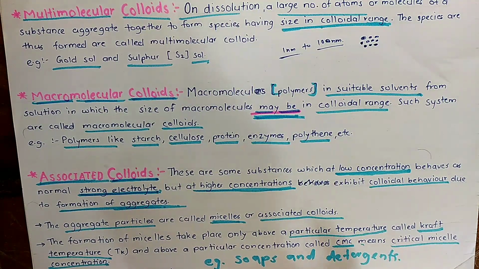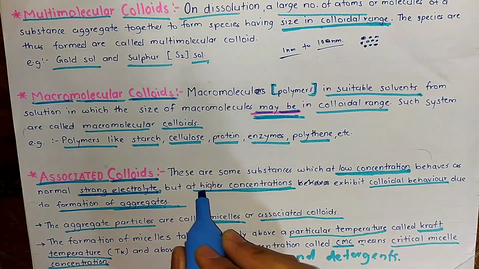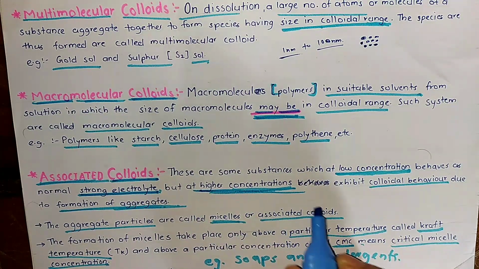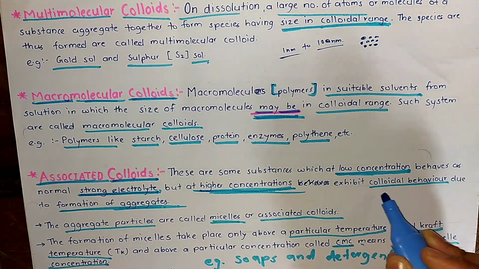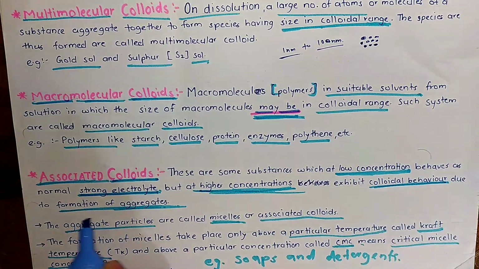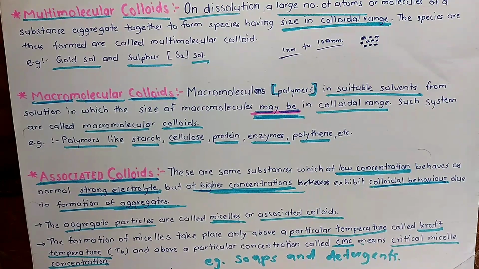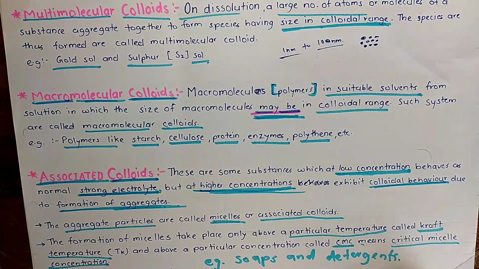But at higher concentrations they exhibit colloidal behavior due to formation of aggregates, and if we pass electric current, it will not pass. This is called associated colloids.